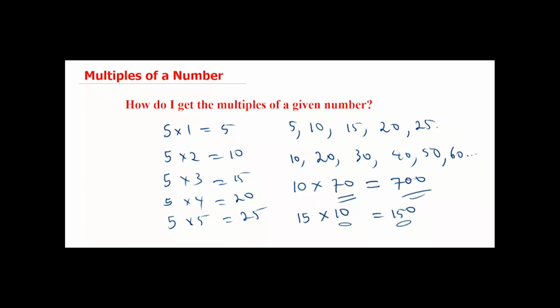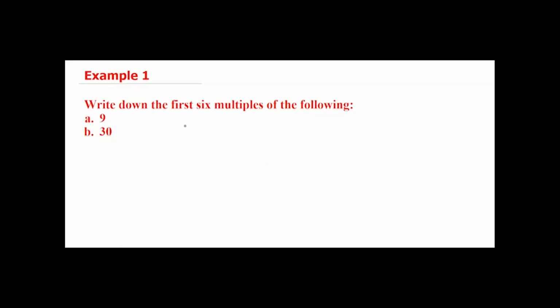So let's look into example 1. Write down the first 6 multiples of the following. For 9, it will be 9 times 1, you have 9. 9 times 2, 18. 9 times 3, you have 27. 9 times 4, you have 36. 9 times 5, you have 45. 9 times 6, that will be 54.